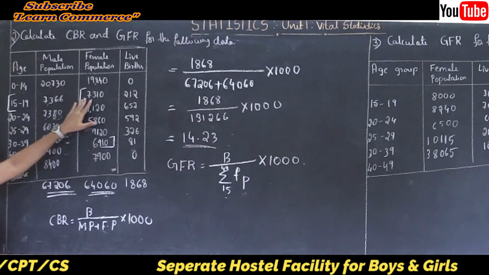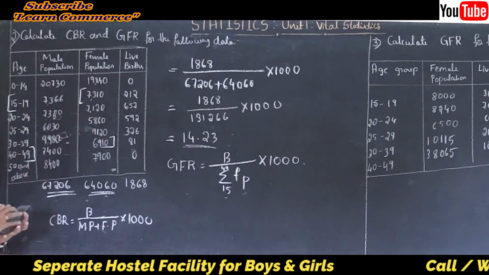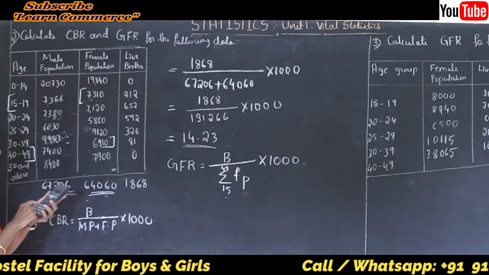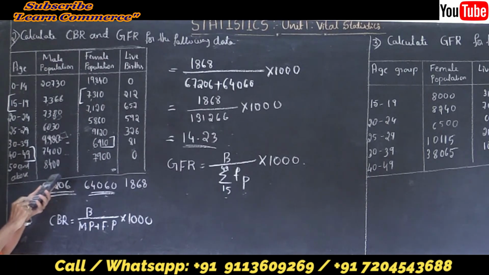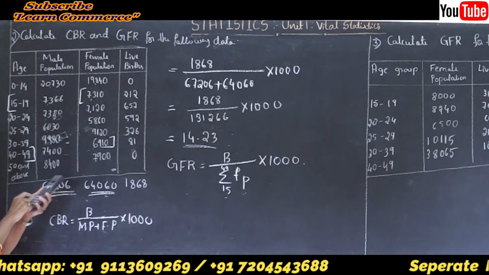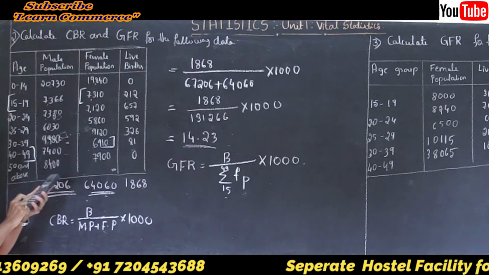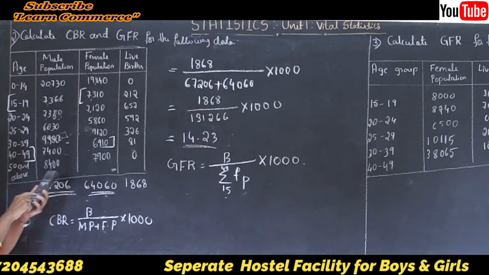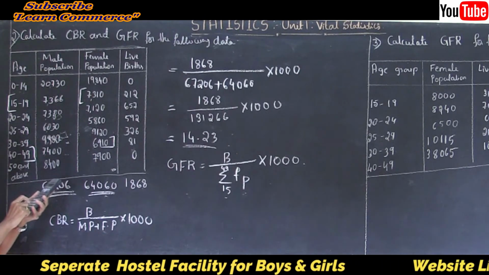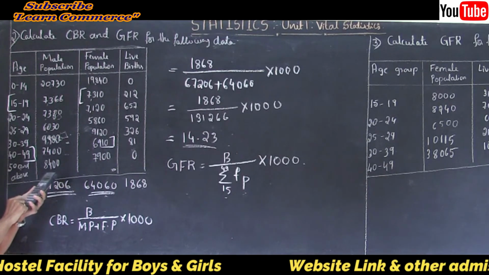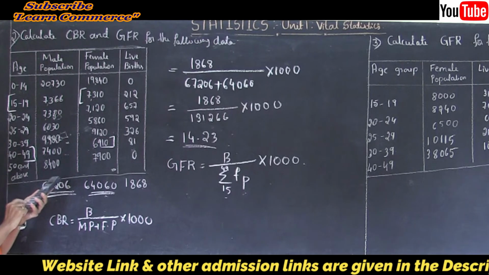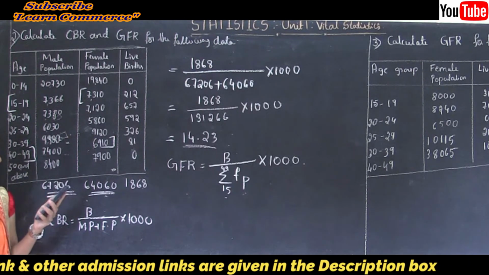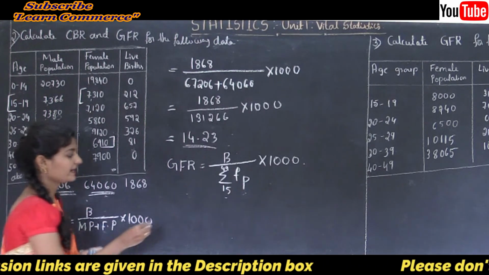Now I will find the total of this. The first observation is 7,310 plus 7,120 plus 5,860 plus 9,120 plus 6,910, that is 36,320. Okay, that I will write here.